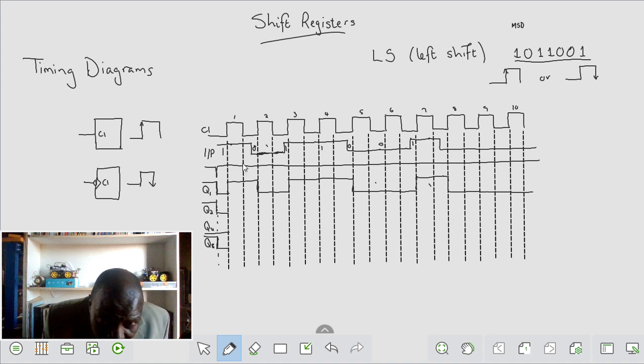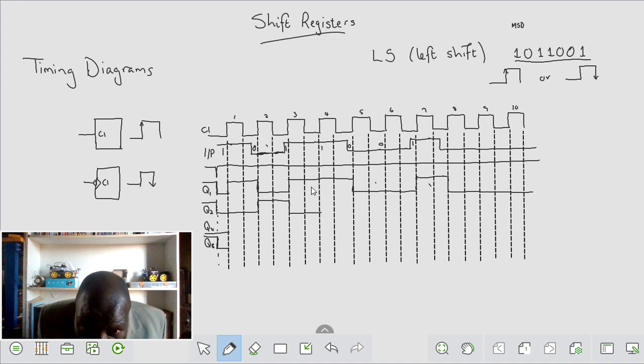All right, so then what you do is Q1. When we had a leading edge here, Q1 was a 0. So what happened is that this 0 is fed through to what? To Q2. Okay, at that point that one was found as a 1, it was fed in. So the rest is easy because that one is fed in.